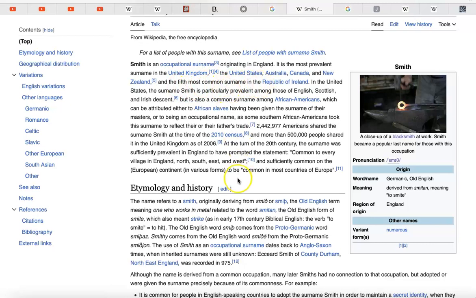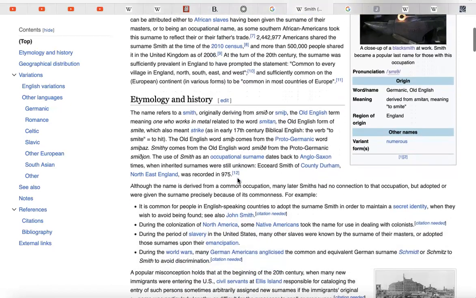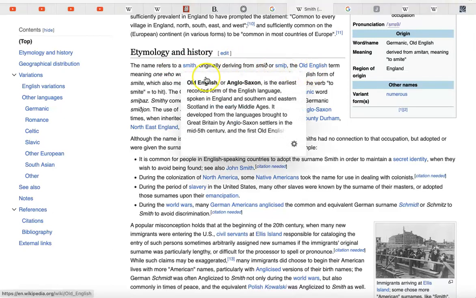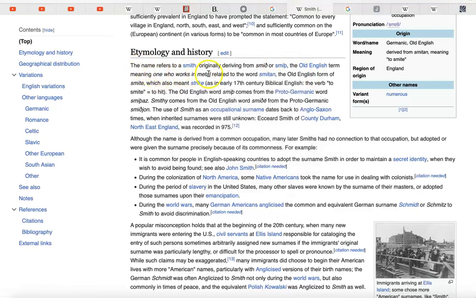You can read through the rest of that yourself, but I'm interested in this etymology and history. The name refers to a smith, originally deriving from smid or smit, the Old English term meaning one who works with metal, related to the word smitan, the Old English form of smite, which also meant strike. As in early 17th century biblical English, the verb to smite equals to hit.